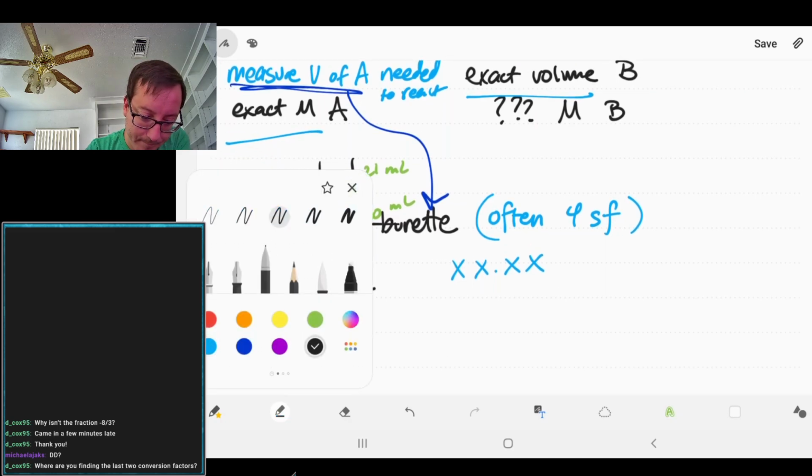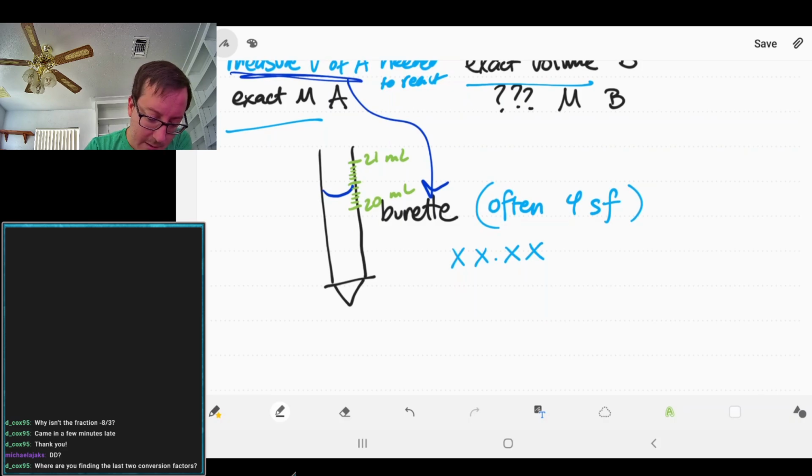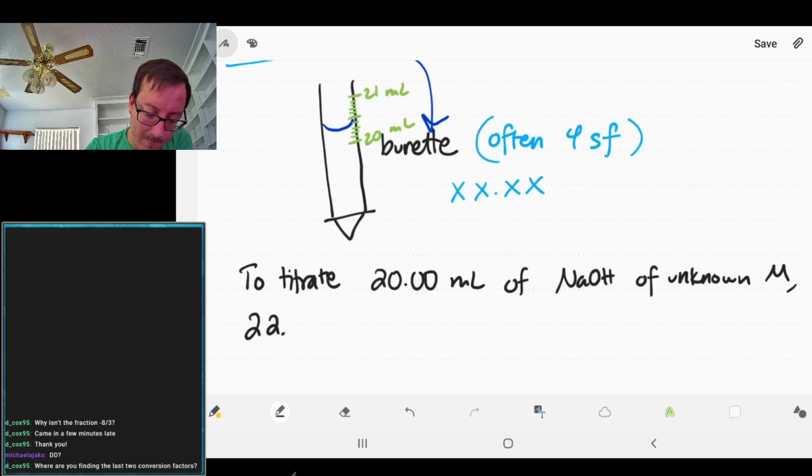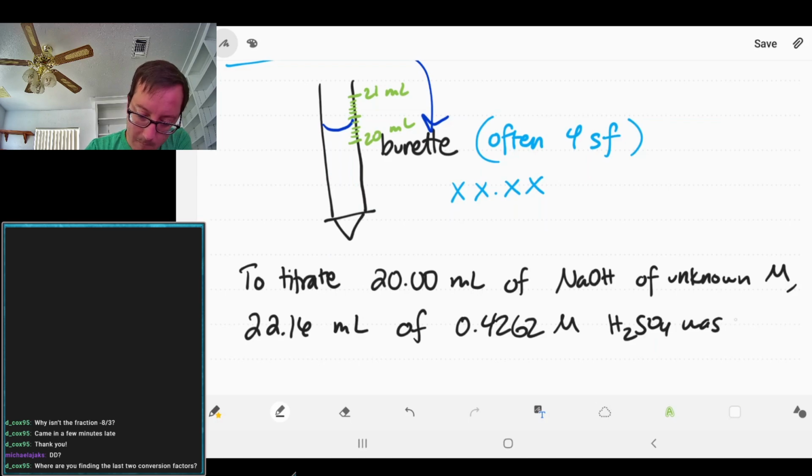Let's use the same reaction to titrate 20 mLs of NaOH of unknown molarity. In the lab, you would actually measure this.